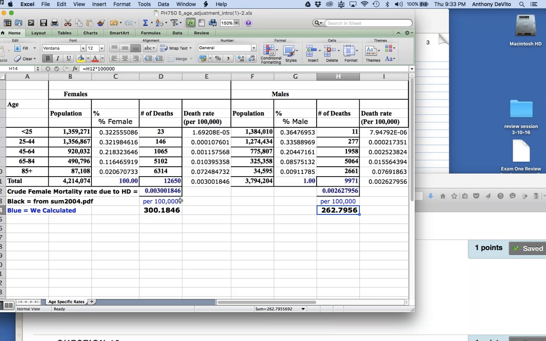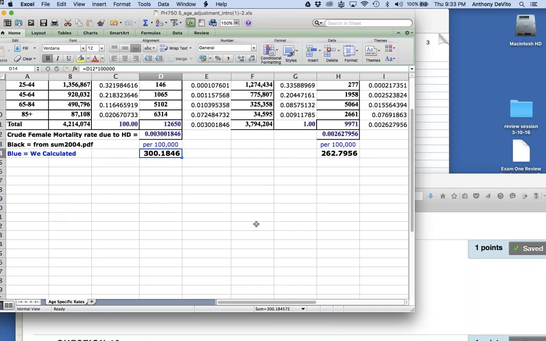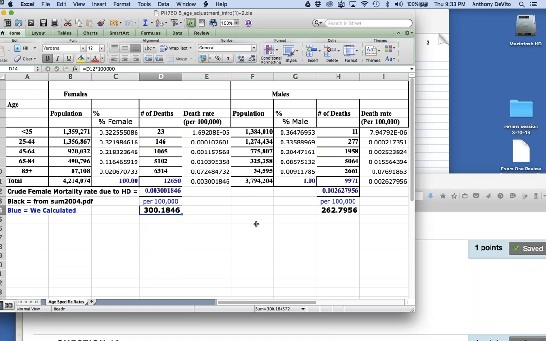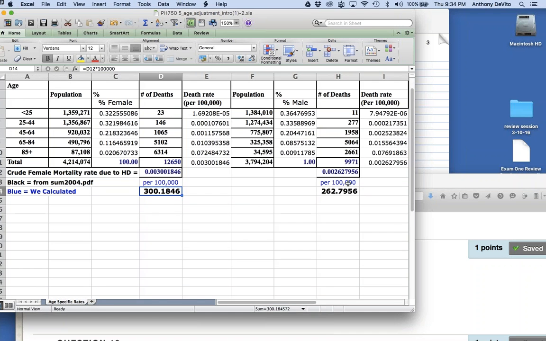These crude rates may not reflect accurately what's going on here with these populations, because we're applying the rates of disease, the death rates, to two different populations. Remember, the way that we got the crude rate was we calculated the number of deaths just based on that population, which is older, and this population, which is generally a younger population.